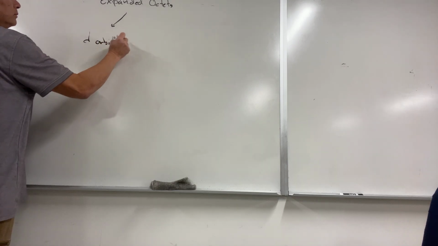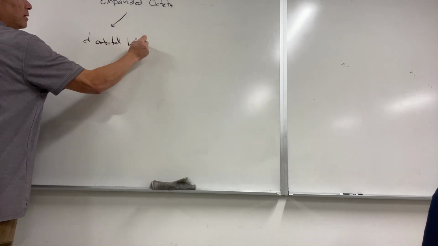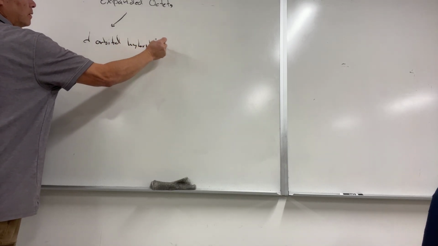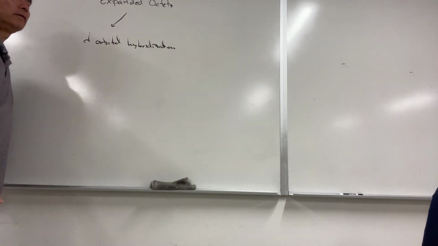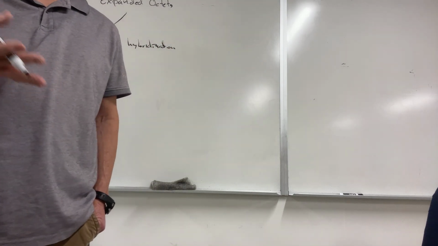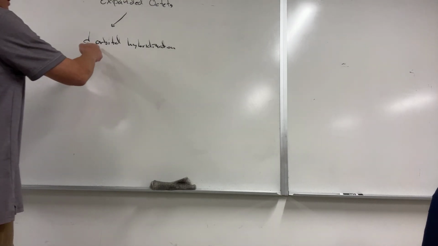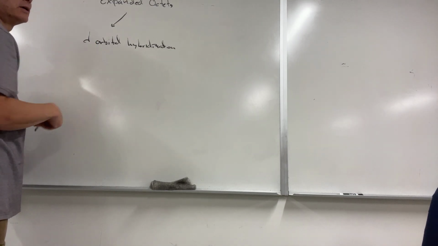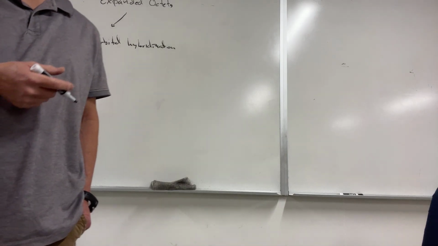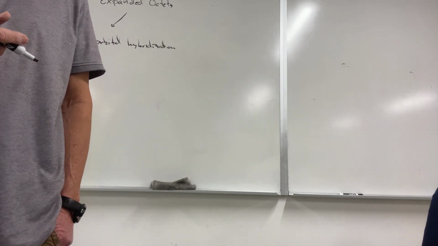So let's call it d orbital hybridization. If we use the s and the p orbitals, we max out at 8 electrons, an octet. And if we can incorporate some d orbitals into the hybridization, then we can expand it further beyond 8 electrons. We'll go up to 10 and 12 electrons.